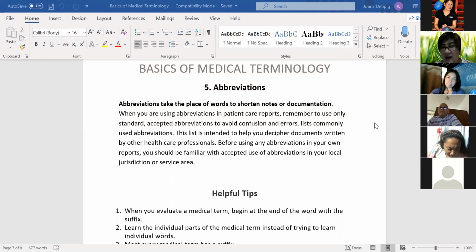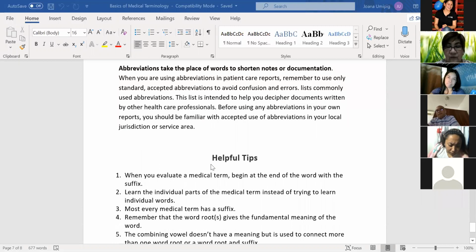So those are the abbreviations by heart, the acceptable and approved list of abbreviations. This is also standard. You cannot remove the A or remove the P. If you write it without the A or without the B, you are wrong. Your spelling is already wrong.